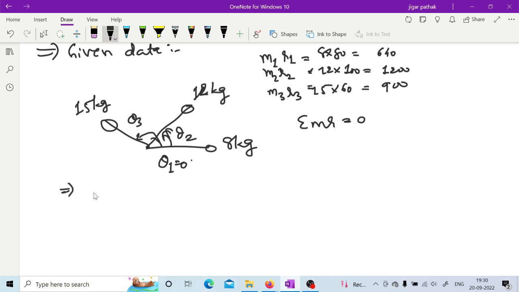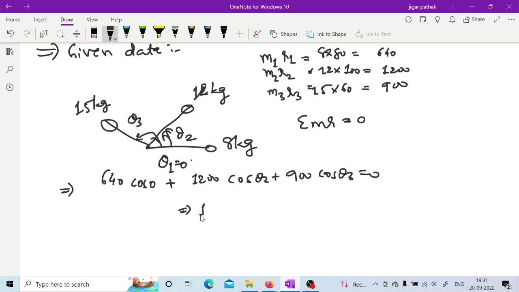Then here you will have that 640 cos 0 plus 1200 cos theta 2 plus 900 cos theta 3 must be equal to 0 when you take sigma FH equal to 0, right? So it will give you 1200 cos theta 2 is equal to minus of 640 plus 900 cos theta 3, right?